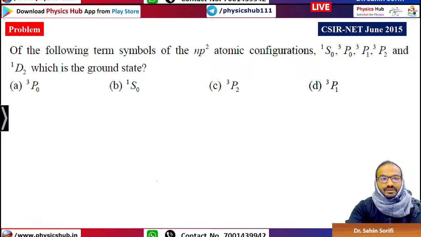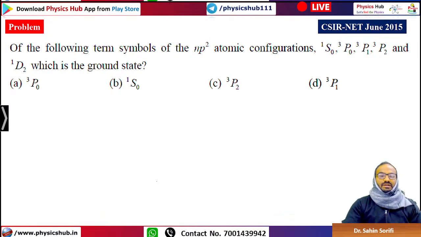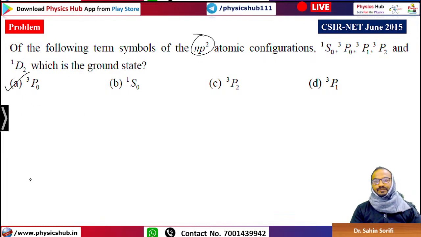Let's move ahead then. This came in June 2015. Of the following term symbols of np2 atomic configuration, which is the ground state? We have already solved these problems. 3P0. np2 is less than half filled, so 3P0.